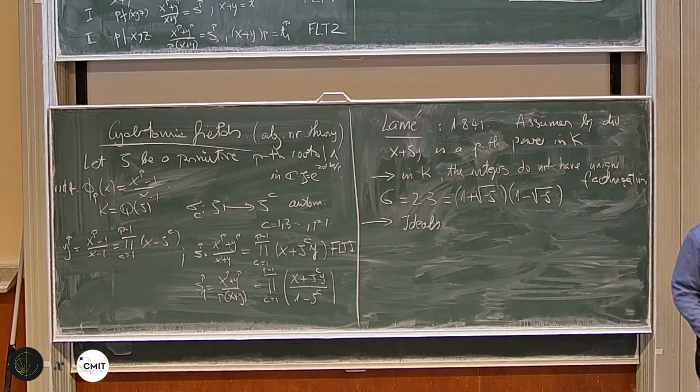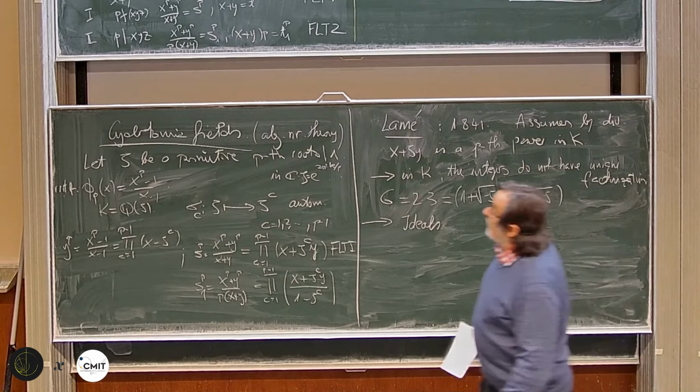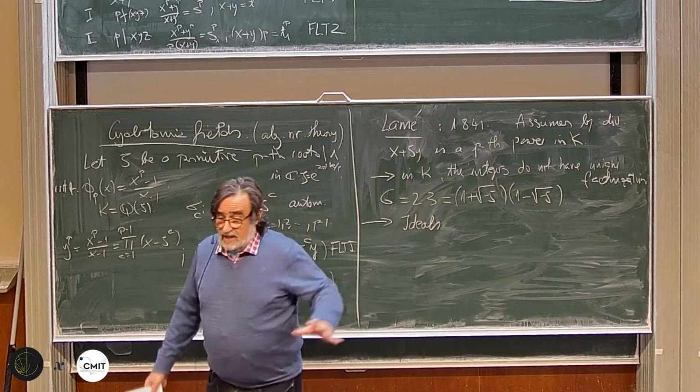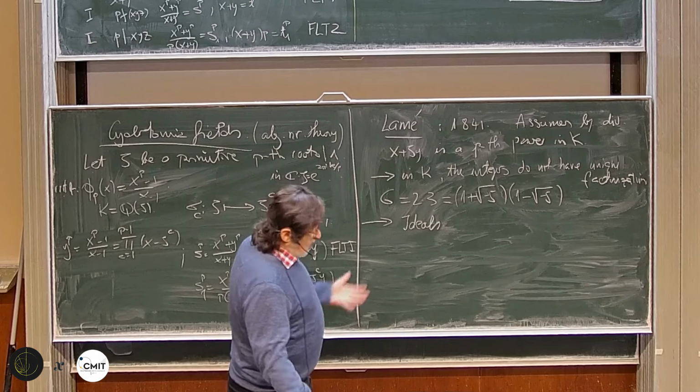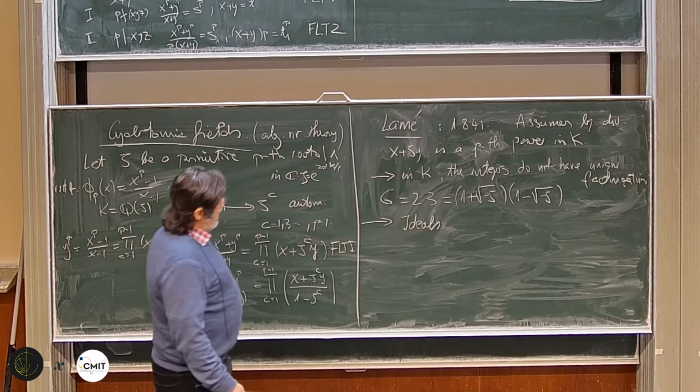It's not the place for me to make a whole lecture on algebraic number theory. If you do not know these things, it may be motivating for you to study it somewhere else.